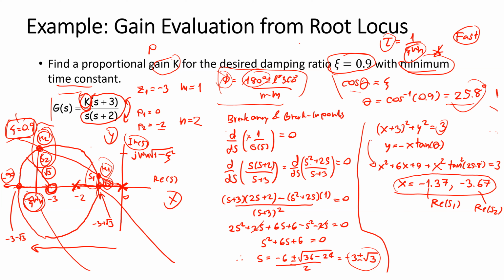And at S2, the real part is minus 3.67. And the imaginary part is obtained from the relationship by the damping ratio.